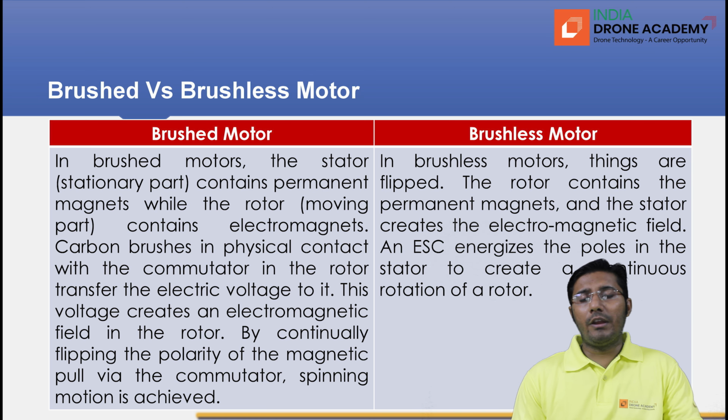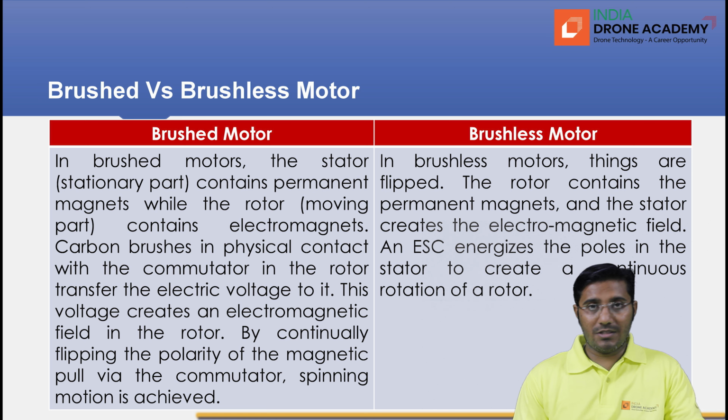The DC current energizes the coils present in the stator, and they become an electromagnet. Then the rest of the working depends upon the interaction of the magnetic force of this electromagnet, which is the stator, and a permanent magnet, which is the rotor.